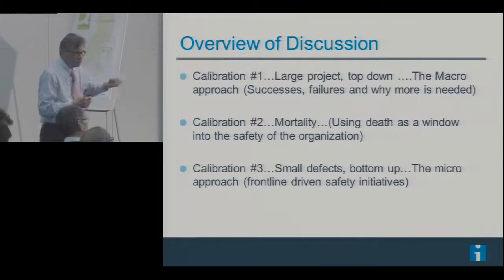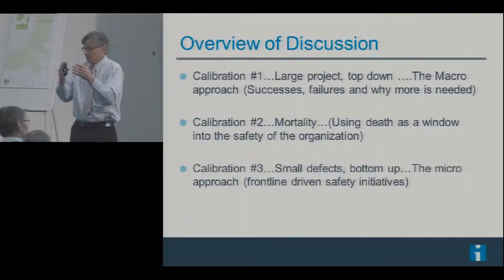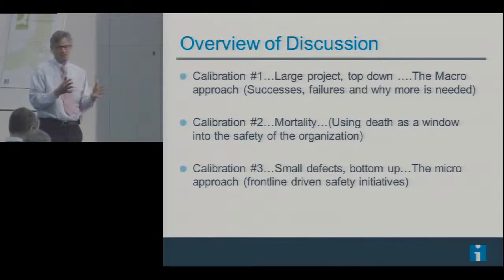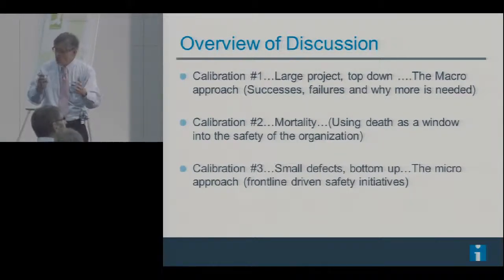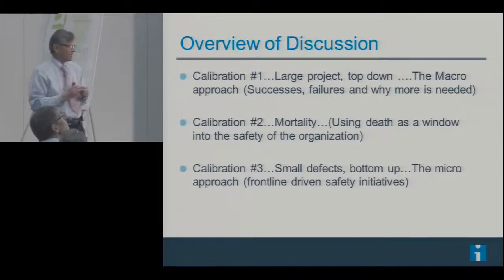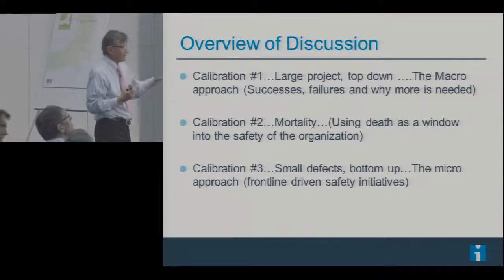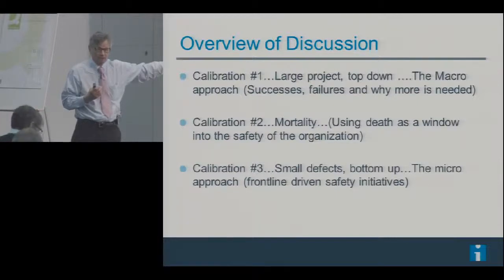You also can look at mortality and you can say, death gives us a window, gives us an opportunity to look at the safety of an organization, and that's a good thing. You can compare your mortality to other organizations. That's a second calibration. The third calibration we're going to hypothesize is that we need to think about safety from the bottom up rather than the top down.